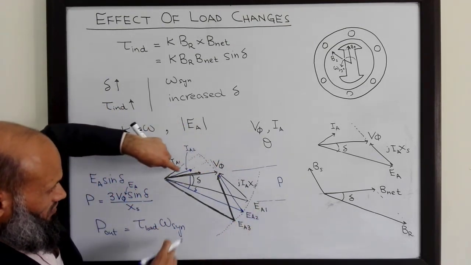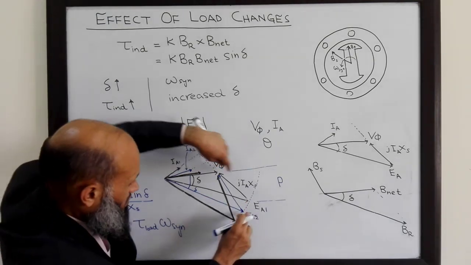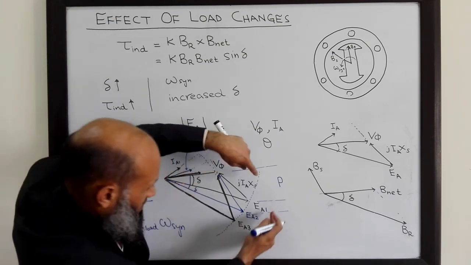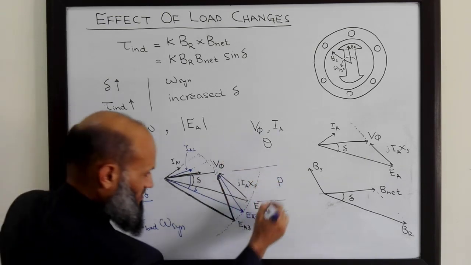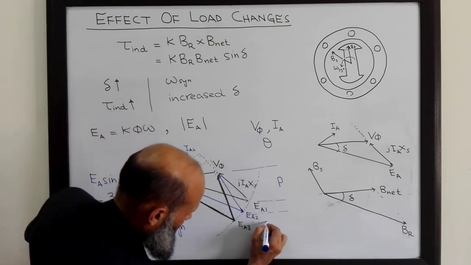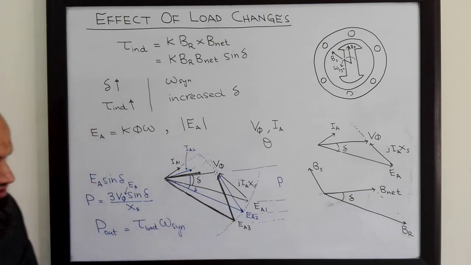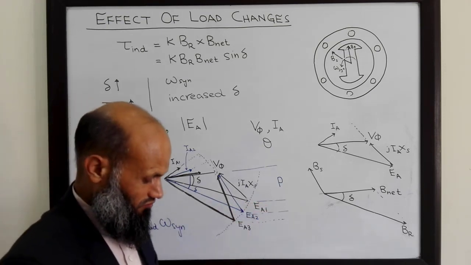Corresponding to the first case, we had this much output power, and then corresponding to increased load, this power, the vertical component of this vector, has increased, and for a further increase in the load torque, we have further increase in the output power of the motor.